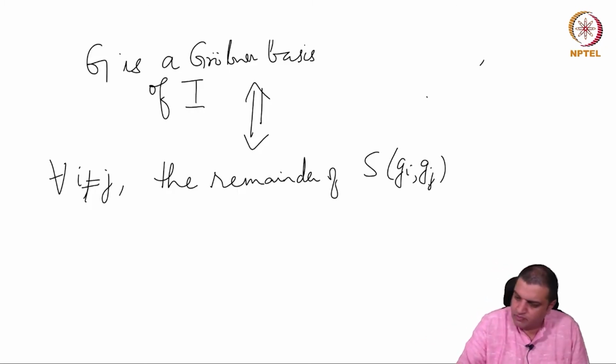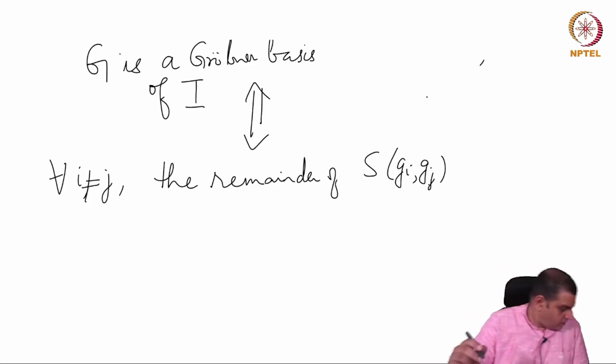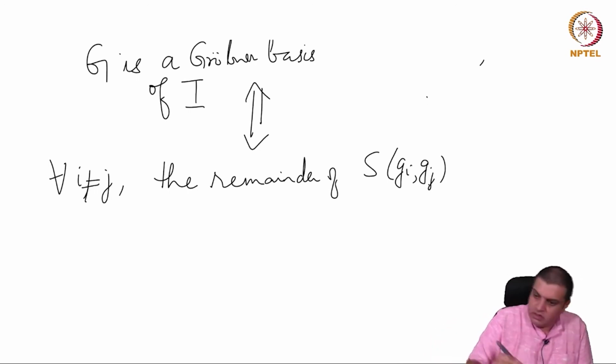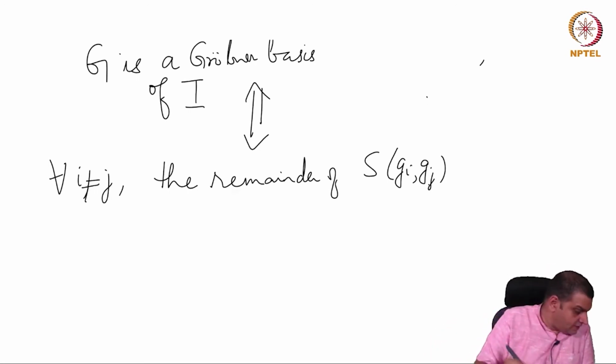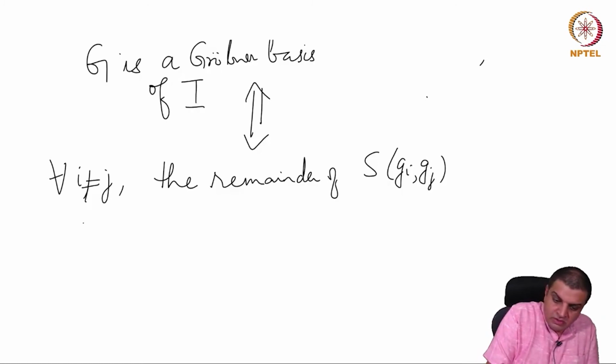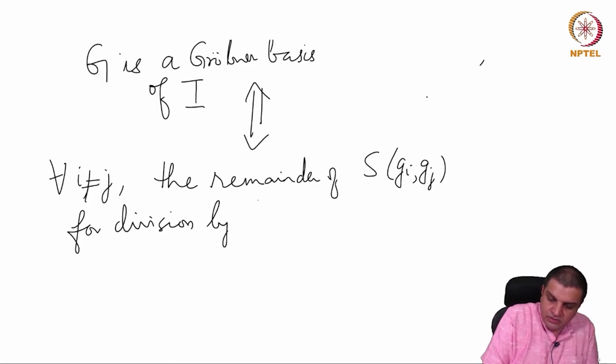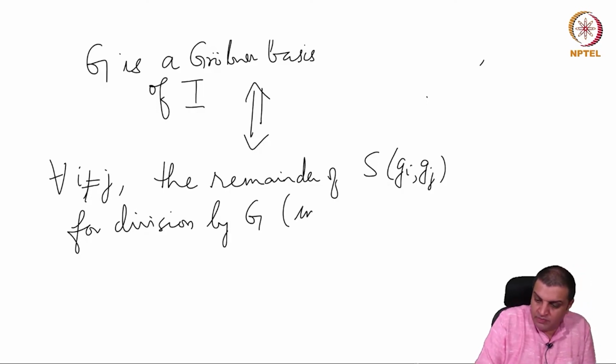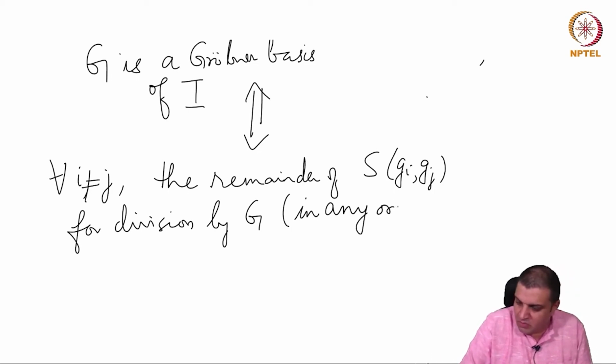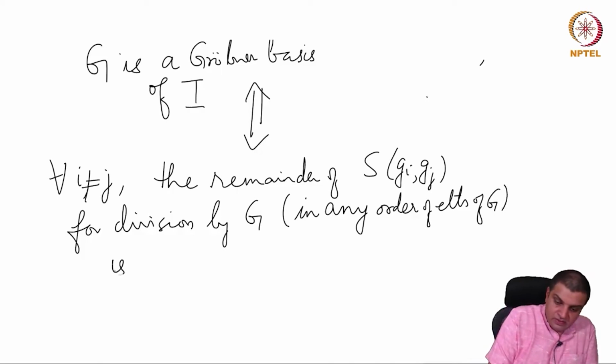So we take this S(gi, gj). The remainder of this for division by G, in any order of elements of G, is 0.